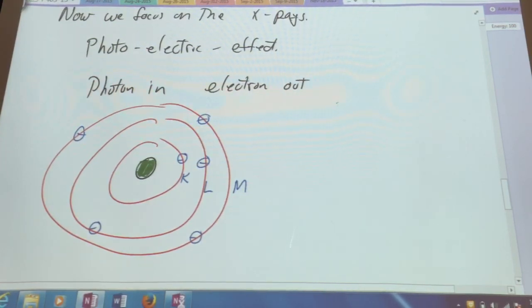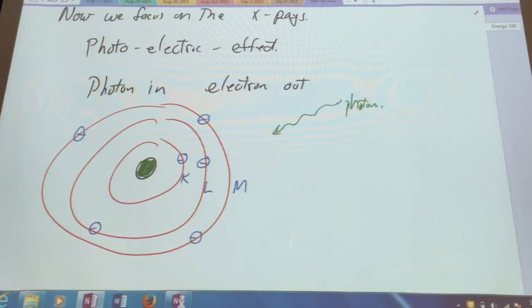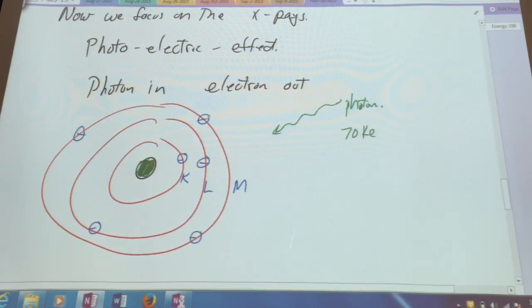And what kind of photons do we normally use? If we're thinking about photons, and particularly in the range of energies that we might be using, what kind of photon energy might we expect? 100 keV photon, 70 keV photon, 50 keV photon. Let's take something around the middle. Let's say about a 70 keV photon.